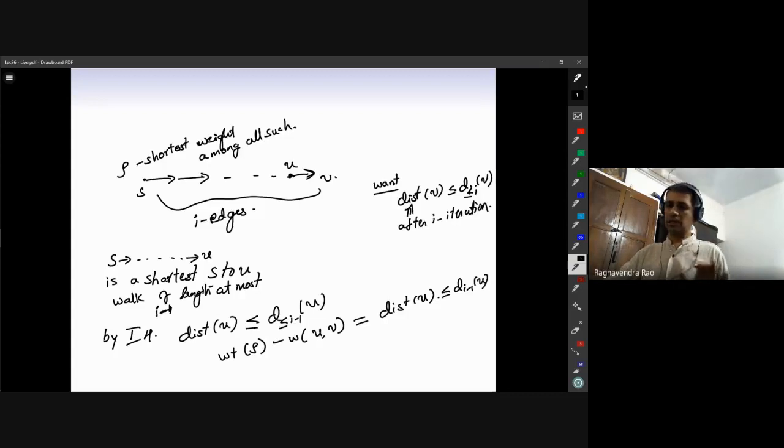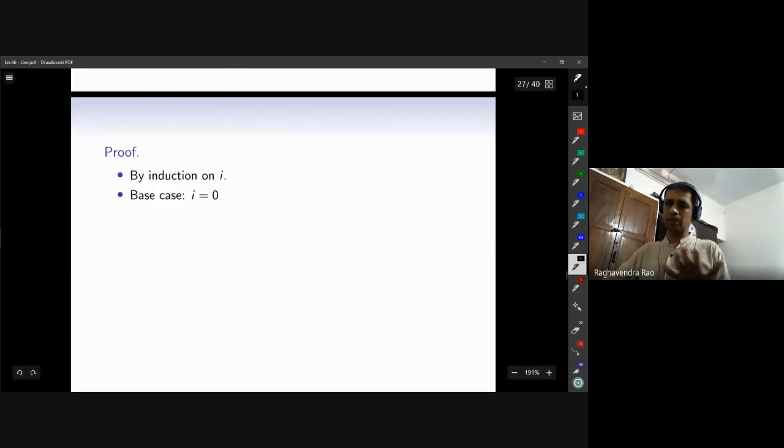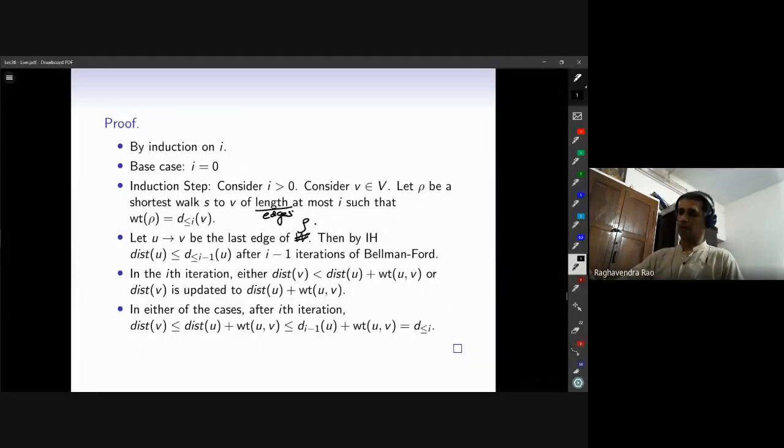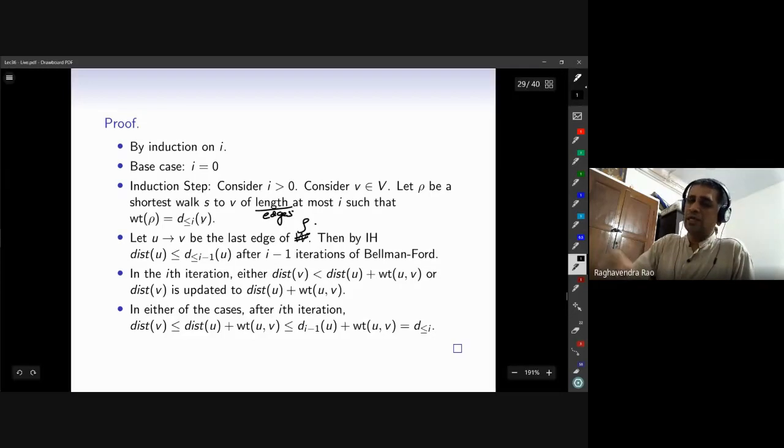Okay, so is it clear to everyone? I have everything written here itself. So I hope that picture helped. So uv is the last edge of rho. Then by induction hypothesis, distance of u is less than or equal to d_{≤i-1} of u after i minus 1 iterations of Bellman Ford. Okay, so that qualification is required.